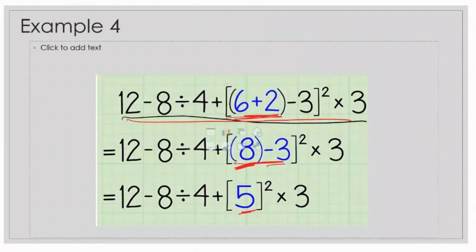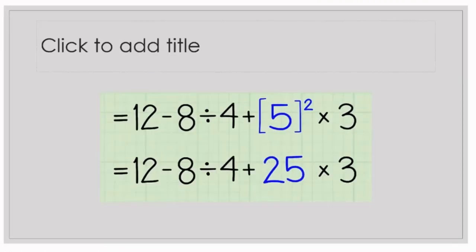And then after you have that, you say, okay, fine, I am done with the brackets. Now that there are no brackets, 5 to the power 2 is an exponent. So before I can deal with division, multiplication, addition or subtraction, I need to start with the exponents.